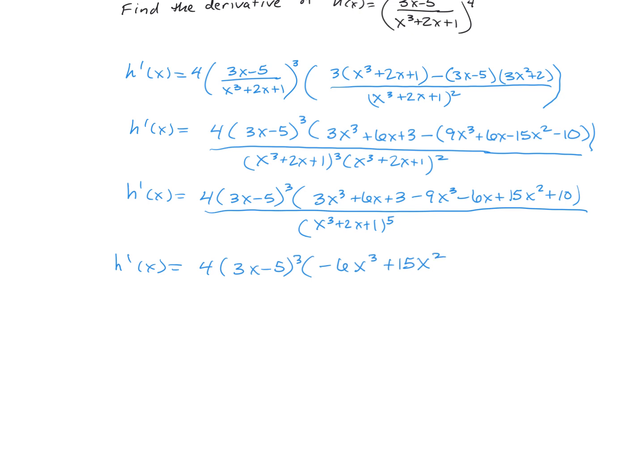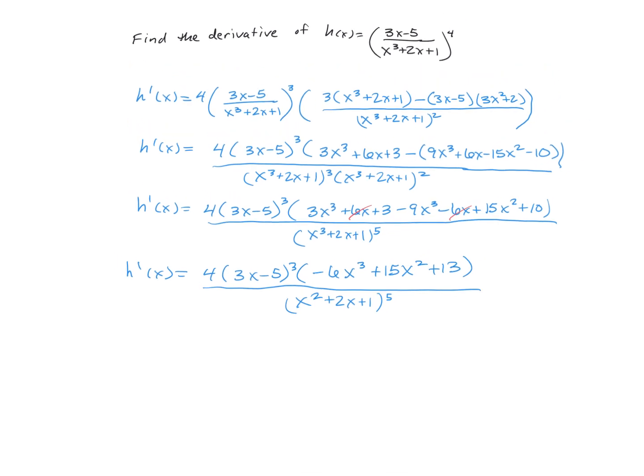Looking at our single x's, we've got a 6x minus a 6x. Well, they're actually going to cancel out completely, so we can just drop those out of our answer. And then we have a plus 3 and a plus 10, which looks like it's going to make a plus 13. And again, that's all divided by the (x cubed + 2x + 1) denominator to the fifth power.